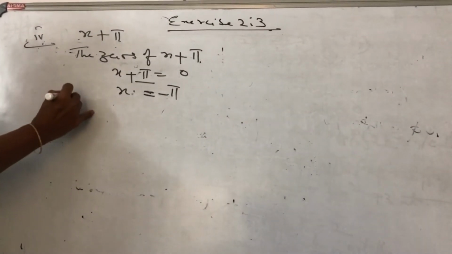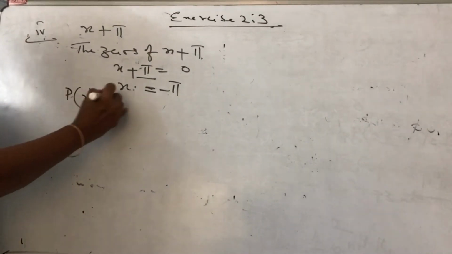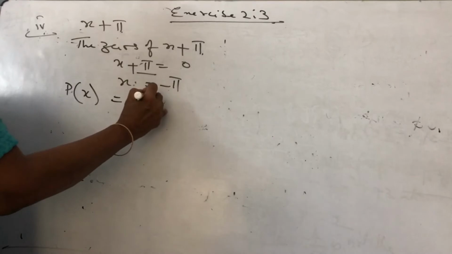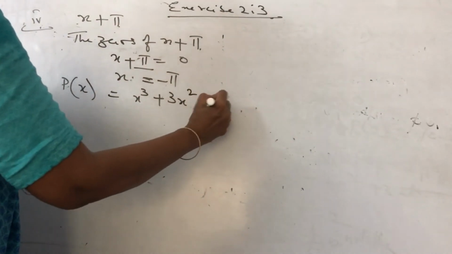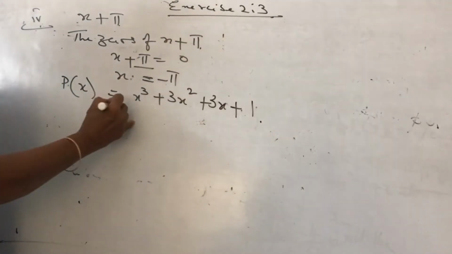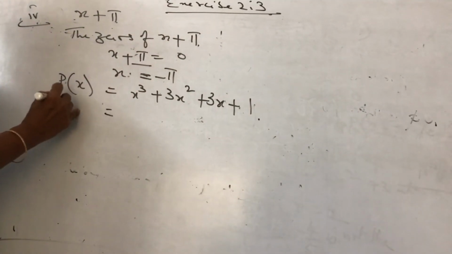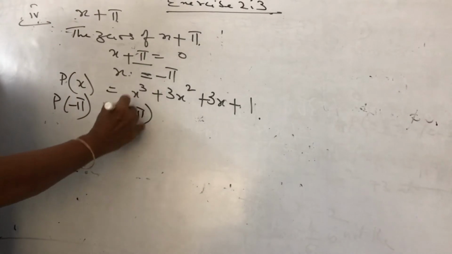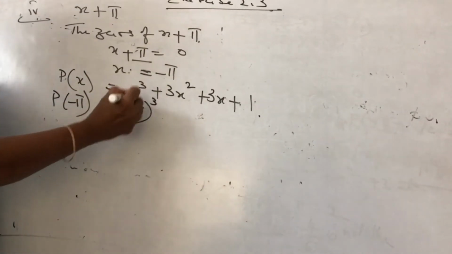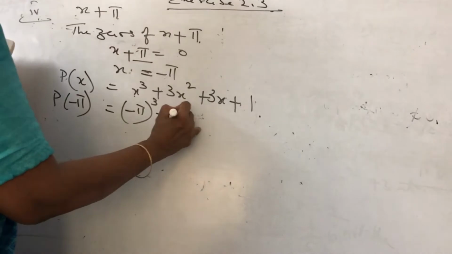Minus pi. And what is the given polynomial, children? X cubed plus 3x squared plus 3x plus 1. X is what? Minus pi. In the place of x put minus pi, children.